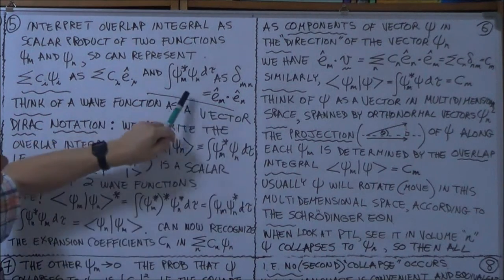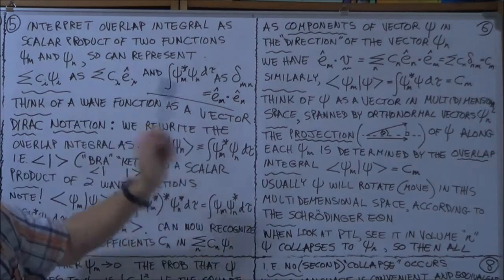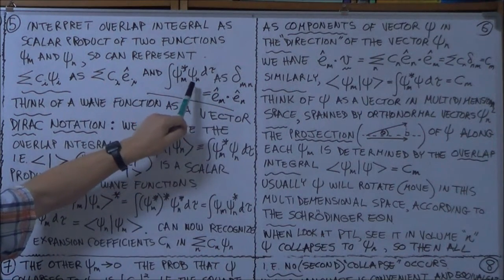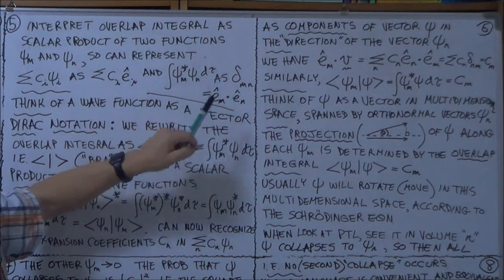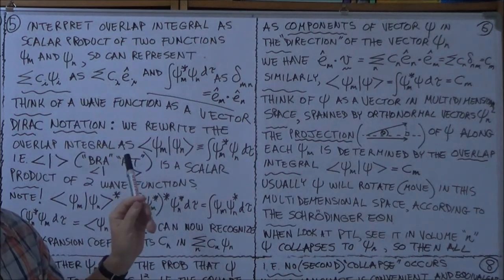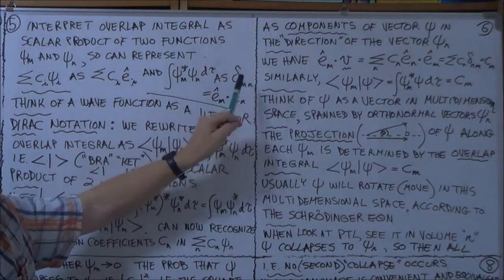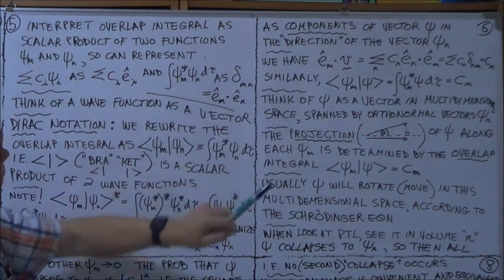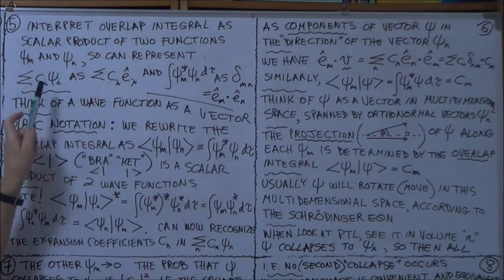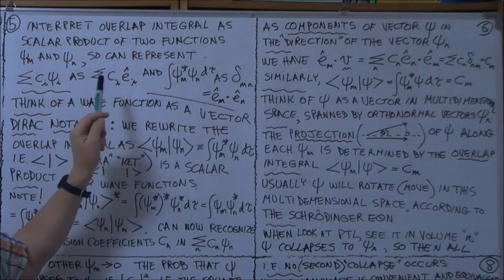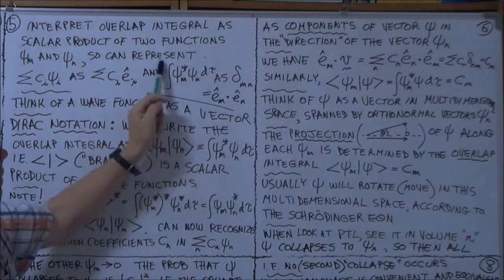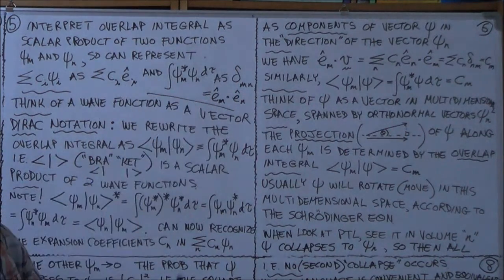And if m and n are different, then this integral comes to be 0. So in other words, the value of this overlap integral is either 0 or 1, depending on whether m equals n or m is not equal to n. So this overlap integral has the values of the delta function, delta mn. So summarizing a little, you're translating wave functions into vectors, and you're translating the dot product of vectors as the overlap integral.